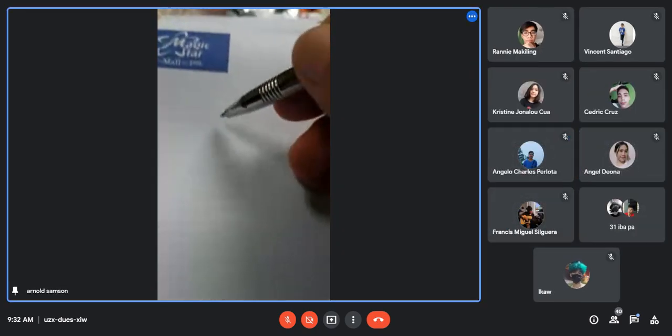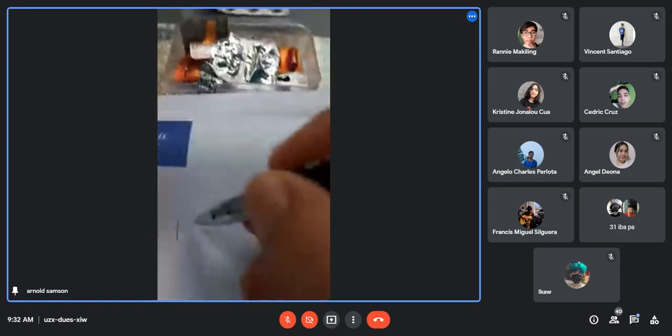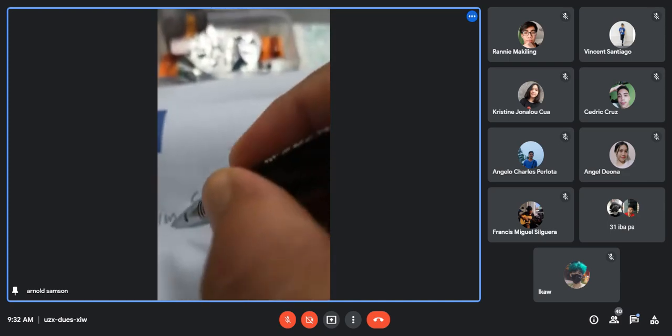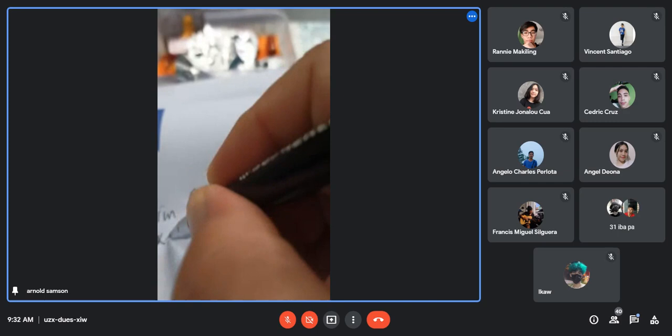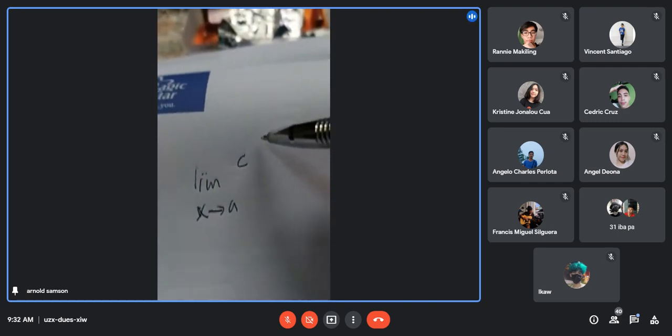It says the limit of c when x approaches a, which means c is any constant.